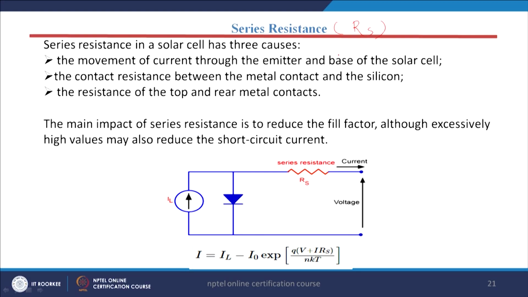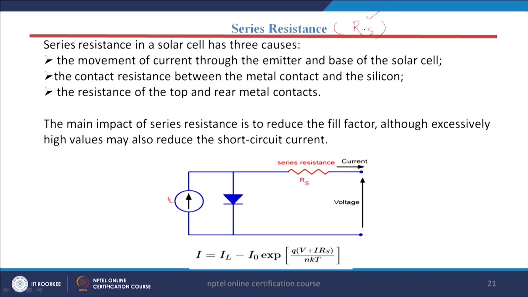That is the demerit of this shunt resistance. So, it is always desirable that the manufacturing process of the solar cell should be proper, should be perfect. Now, coming to the series resistance, this is denoted by RS.